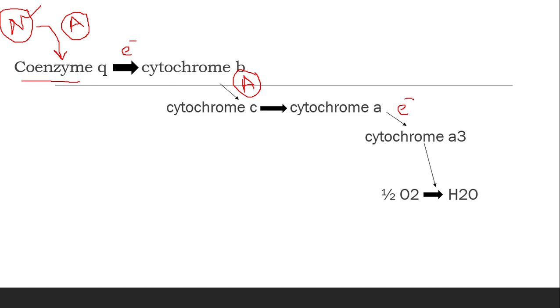Cytochrome A3 will finally transfer the same electrons towards the last electron acceptor, that is oxygen. And here is the third ATP molecule that will be produced with the help of NADH.